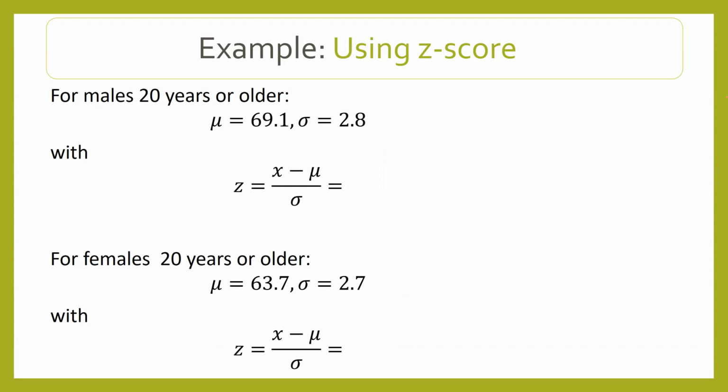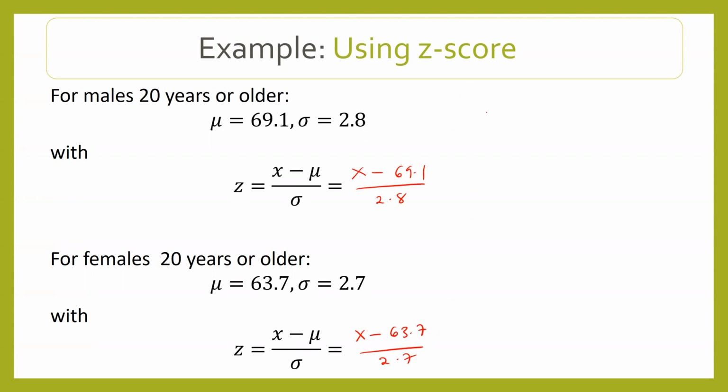Generally, this will be x minus 69.1 over 2.8 for males, and x minus 63.7 divided by 2.7 for females.